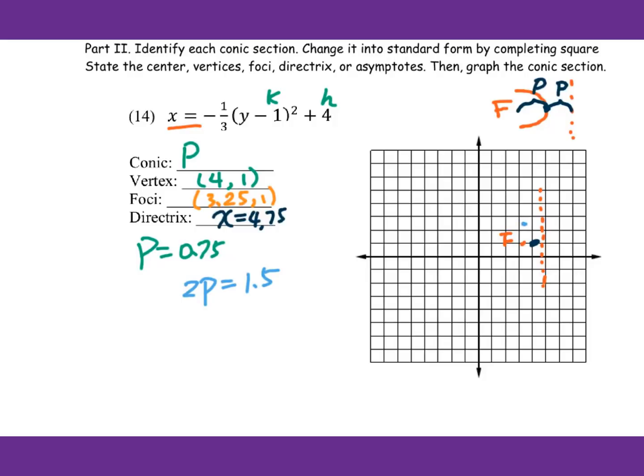Go down 1.5, it's here. Then you connect. That's what the graph looks like. Sketch the graph. Don't forget this property. From focus, you draw parallel line. This will be 2p. This part is a 2p. Therefore, from here to here, that is a 2p.